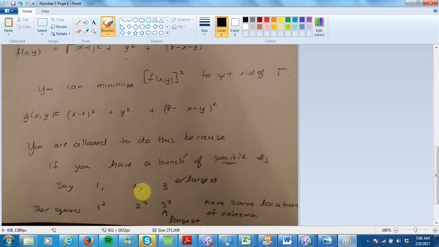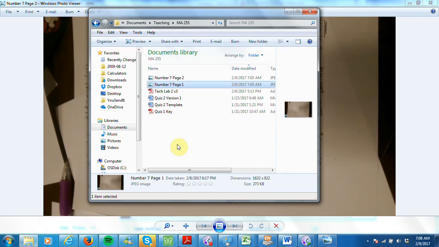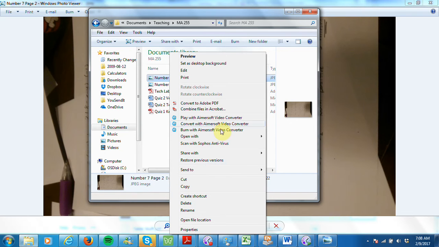So finding the location of the minimum of a set of numbers is the same as finding the location of the minimum of the squares of those numbers. This means I don't really have to worry about that square root. I can just find the location of the minimum using the square, and that drops out the problem I have with the square root, though it's doable that way.